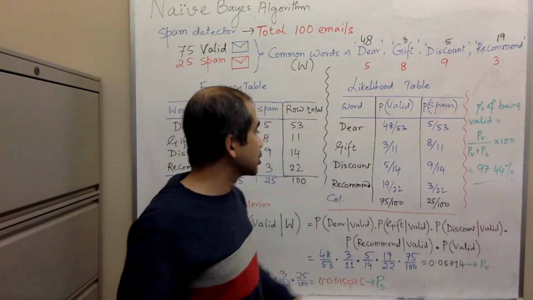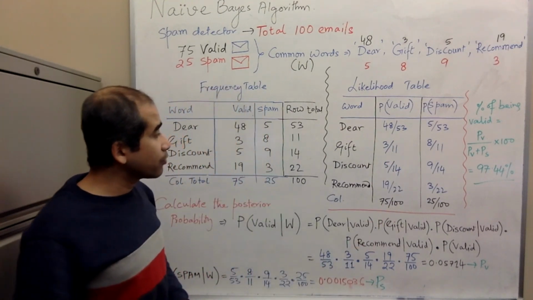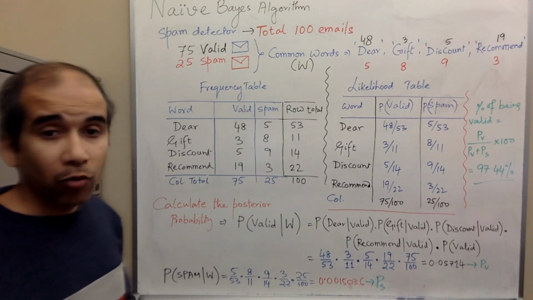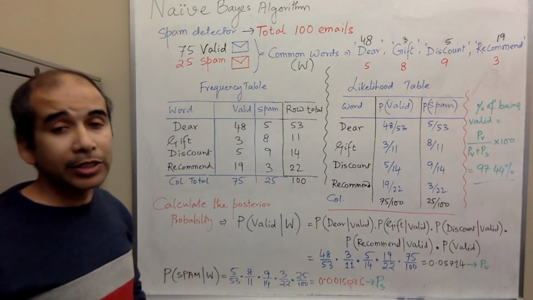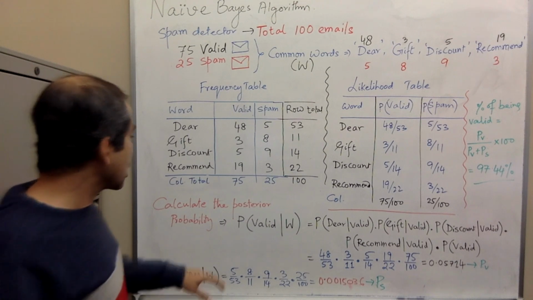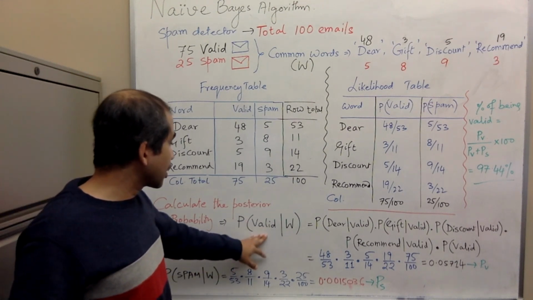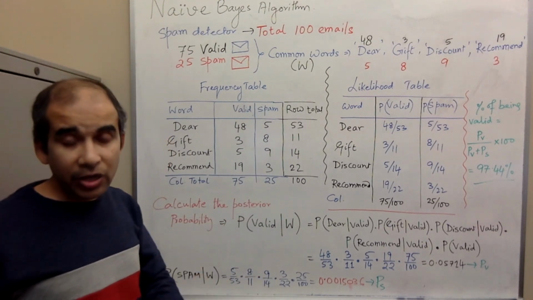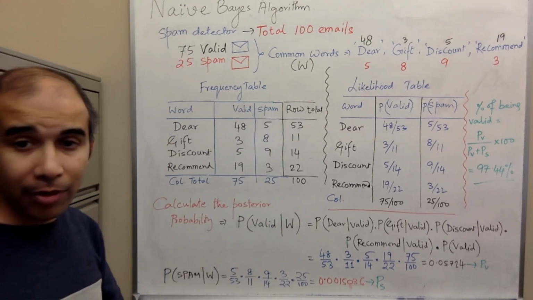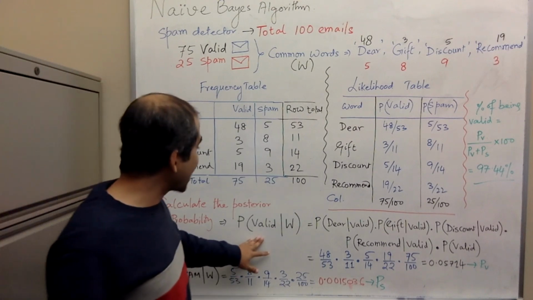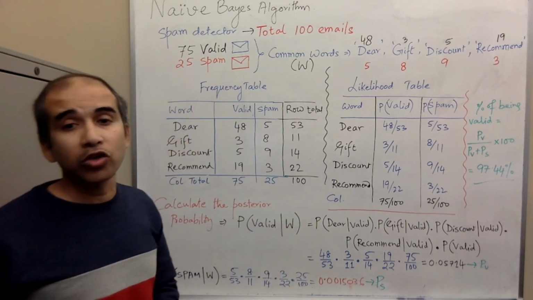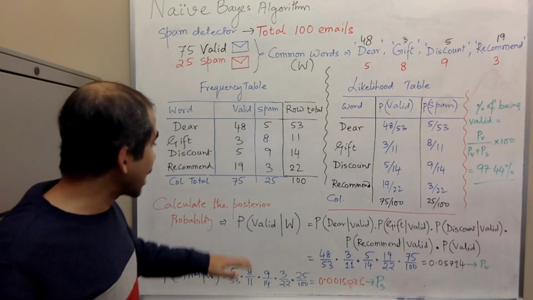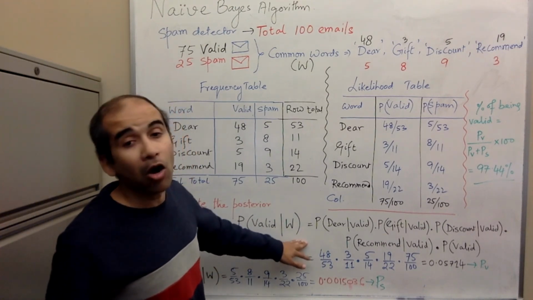Similarly, we calculated all the probabilities, and then using Bayes theorem we calculate the posterior probability of a message being valid given all the words. That means dear and gift and discount and recommend, all the words. So we are initially assuming that it will be a valid message, not a spam message. We're calculating the probability of valid given all the words.